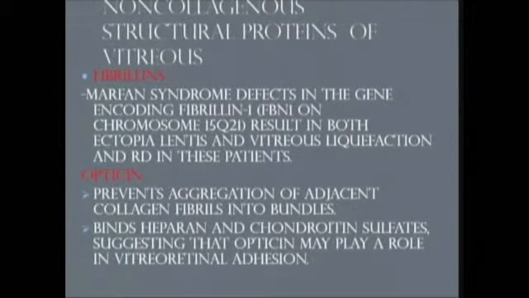Opticin prevents aggregation of the adjacent collagen fibrils and keeps them as separated bundles, parallel to each other, so they will not aggregate together. Also it binds to heparin and chondroitin sulfates, which are important in the connection of the vitreous to the eye lens.